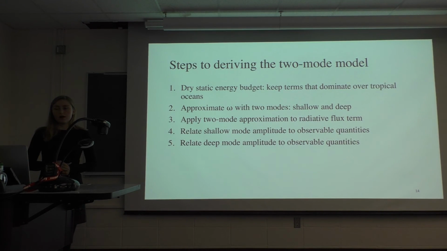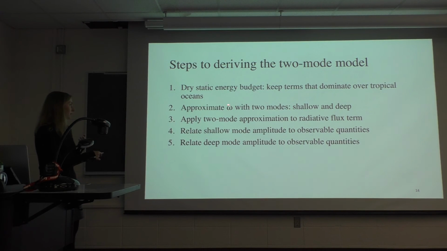Okay, so I'm going to go through the two-mode model. Some of you are familiar with this and will have to bear with me. We have made some changes to it, so that part might be a little bit new. The steps to deriving the two-mode model are that we start with the dry static energy budget, and we keep the terms that dominate over tropical oceans. One of the terms that dominates is the vertical advection of dry static energy term, and that has an omega in it.